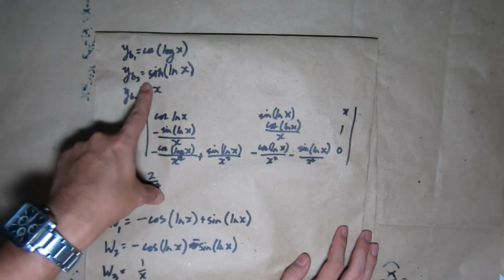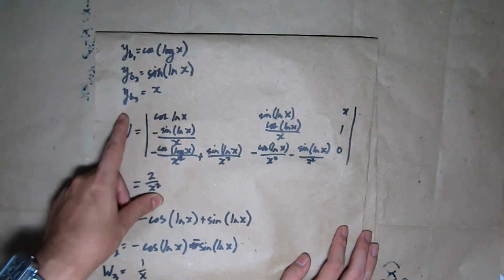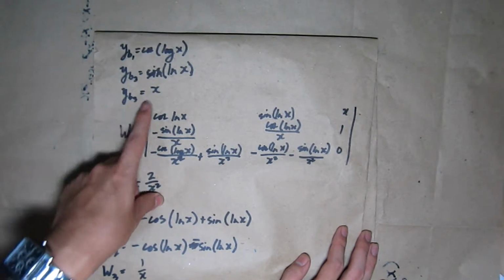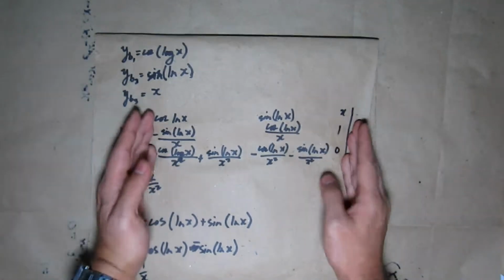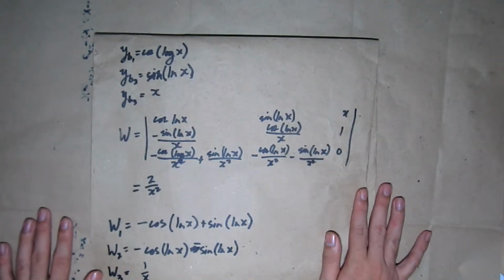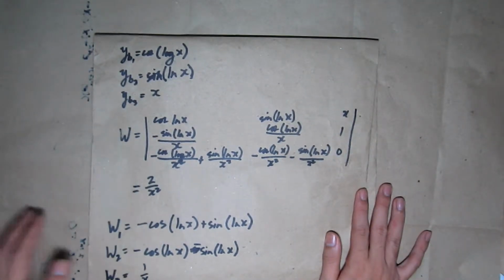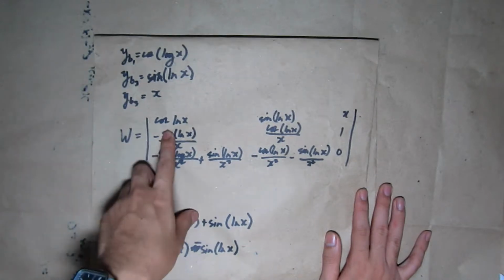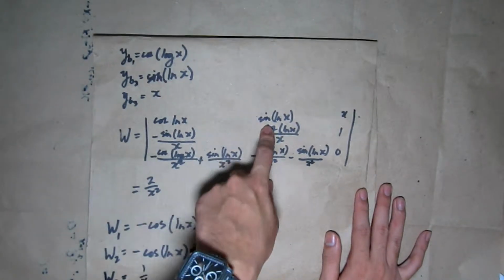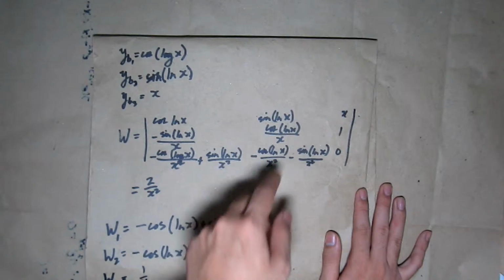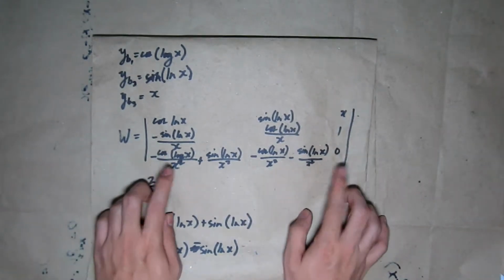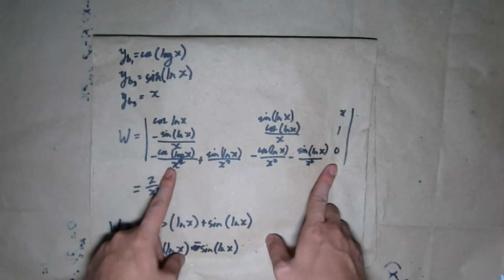Y sub b sub 2 is equal to sine of ln x. Y sub b sub 3 is equal to x. And then we take the Wronskian matrix of that. As you can see here, we have cosine ln x, sine ln x, and x, and then we take the first derivative and the second derivative of those, and then solve it.